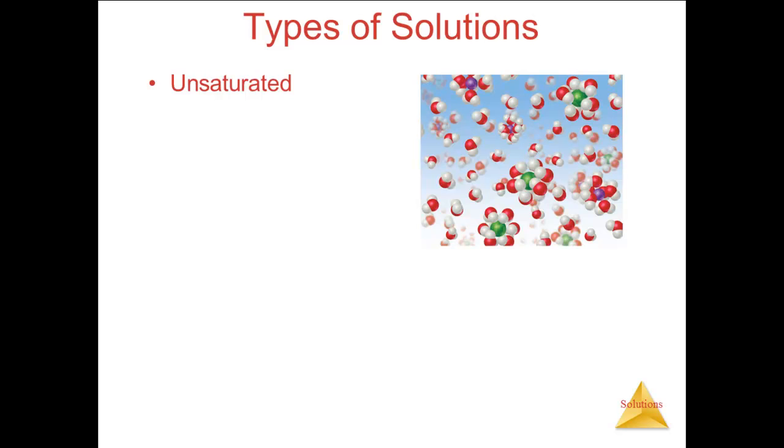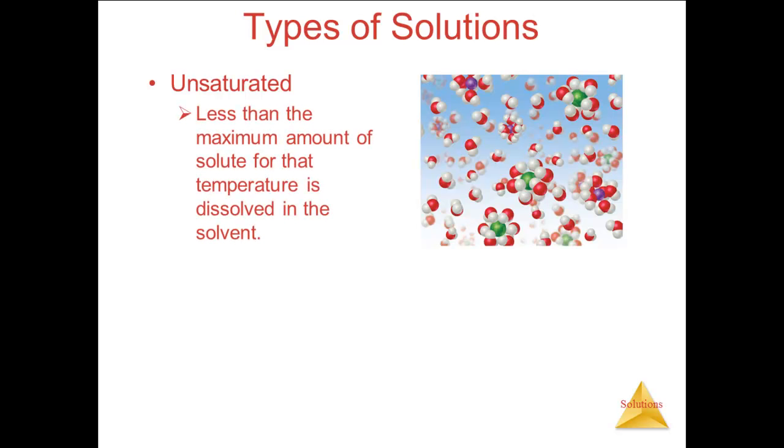Types of solutions. Solutions can broadly be sorted into types based on how much solute they hold compared to the maximum amount possible. The first type is called unsaturated, which holds less solute than it could at that temperature. If we add another crystal of the solute, it will dissolve in the solution.